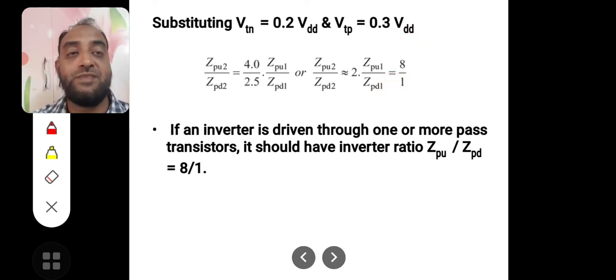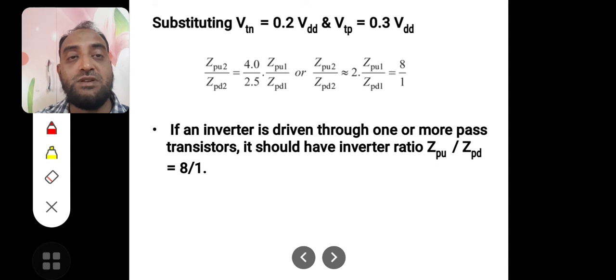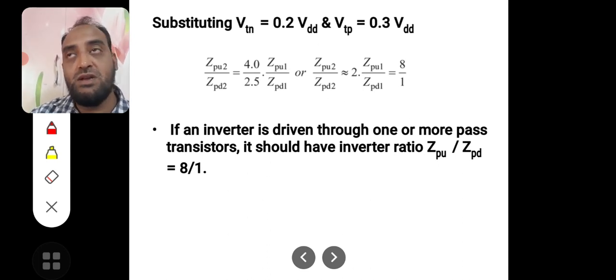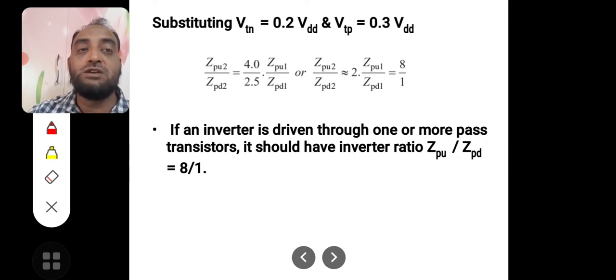after substitution, you will get a ratio of 8:1. Now the final statement is, if an NMOS inverter is driven through one or more pass transistors, it should have an inverter ratio of 8:1.